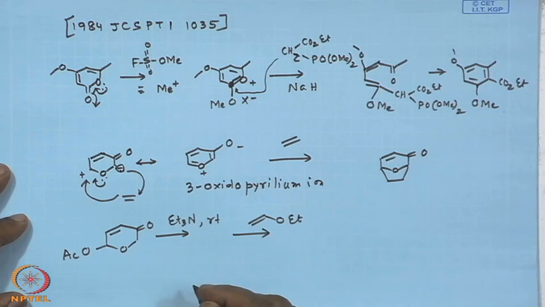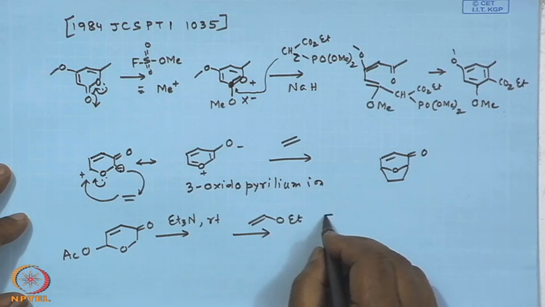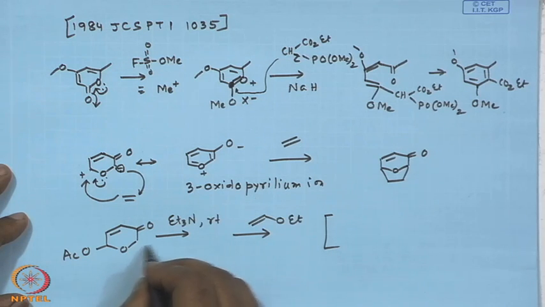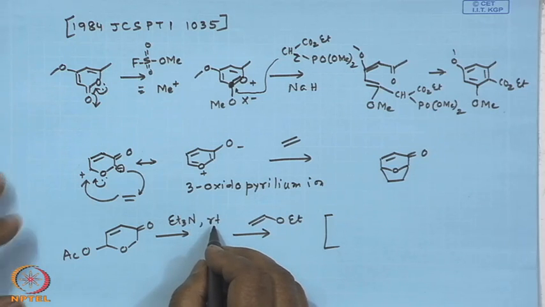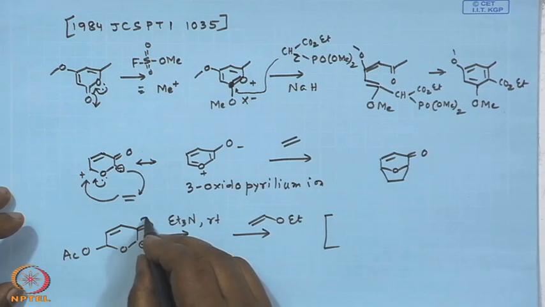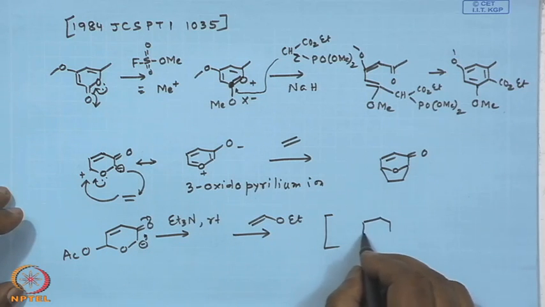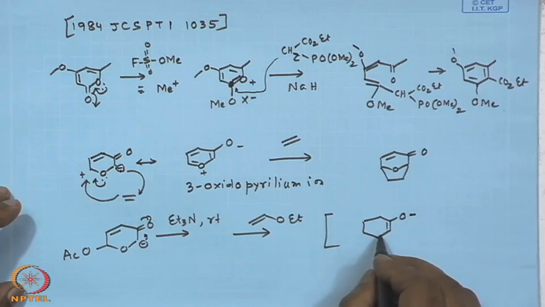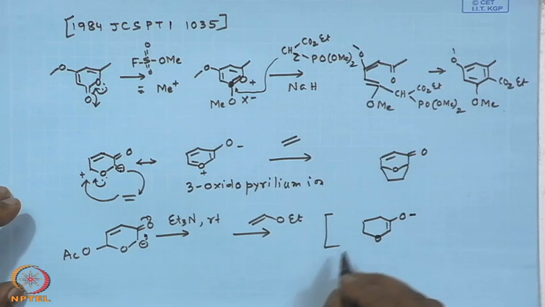So, what do you expect from this series of reactions? See, this is triethylamine at room temperature, so the very first reaction forms the carbanion here, it forms this oxido part here, and oxygen here.